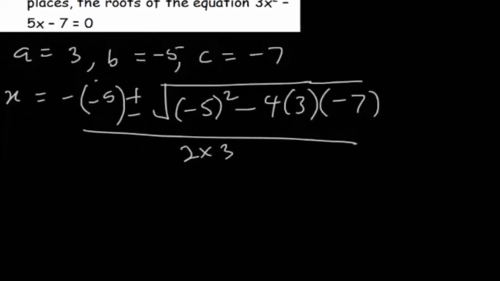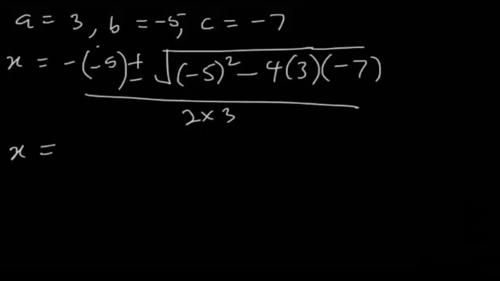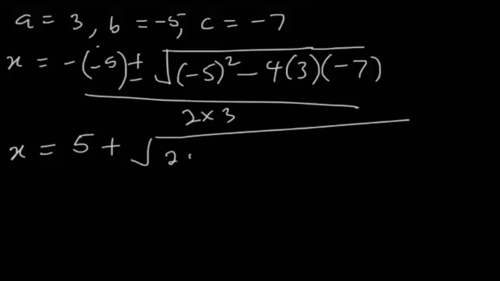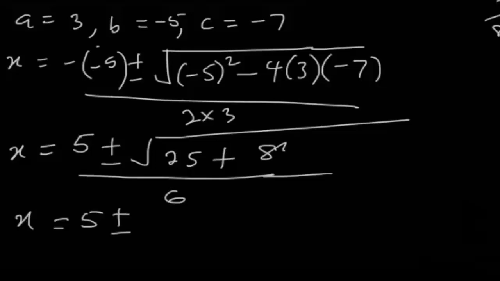So that gives us x equal to minus times minus gives plus, so this is 5 plus or minus the square root of, now minus 5 squared gives you 25. Minus times minus gives you plus, and then you times 12 times 7. 12 times 7 gives you 84.